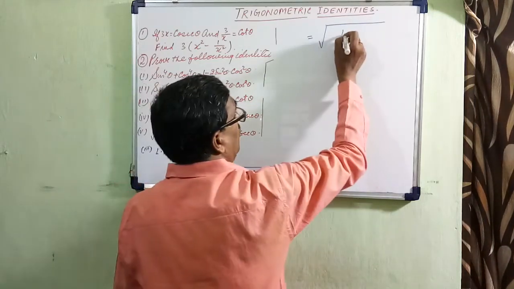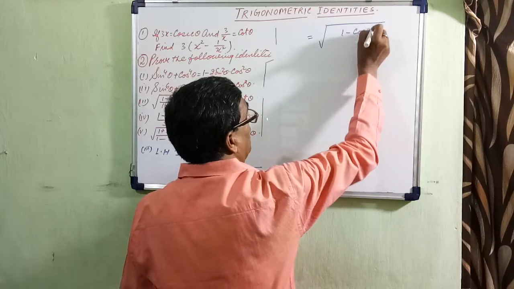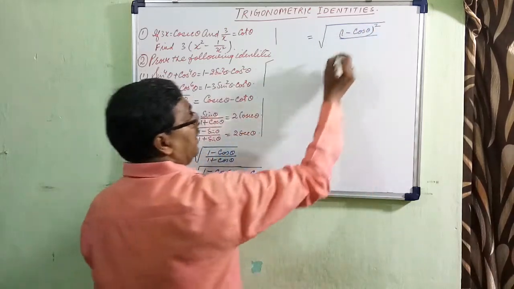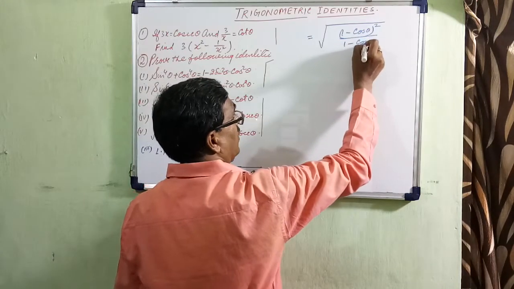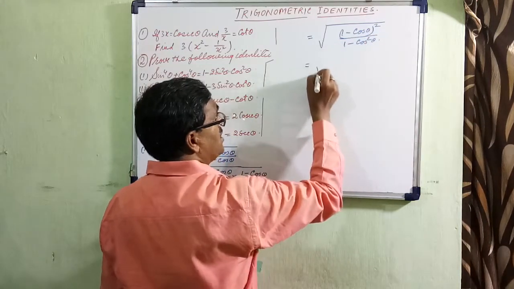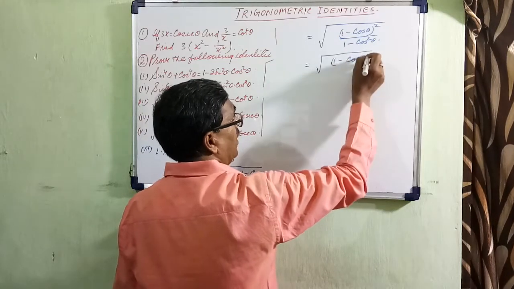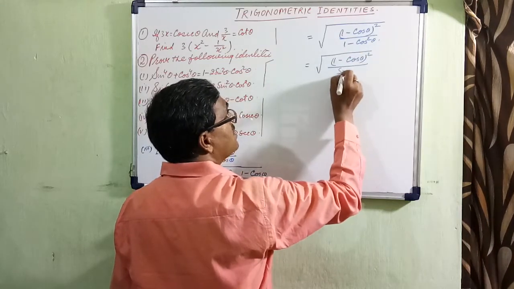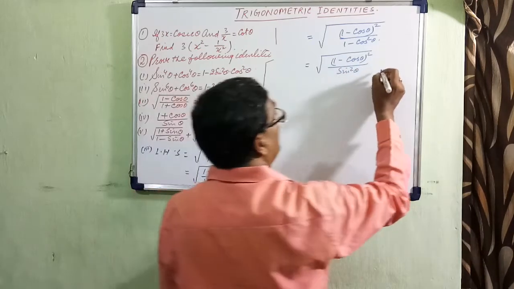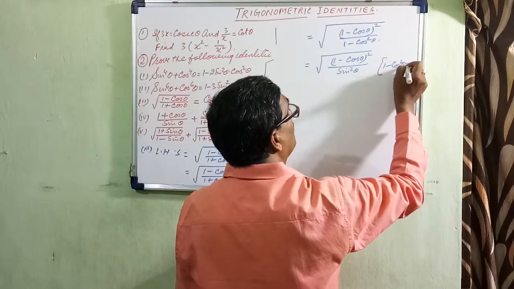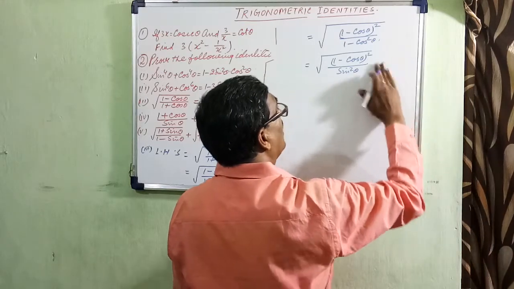Is it not (1 minus cos theta) whole square divided by (a plus b)(a minus b), 1 minus cos^2 theta? Now one more step: you see (1 minus cos theta) whole square and the denominator sin^2 theta. Here I will say 1 minus cos^2 theta is equal to sin^2 theta.